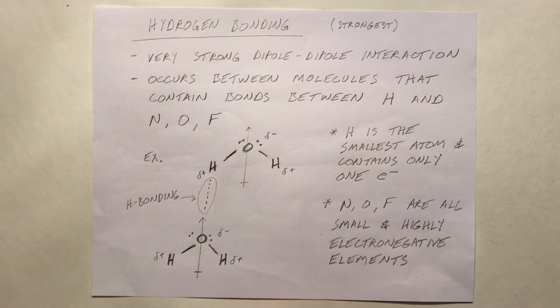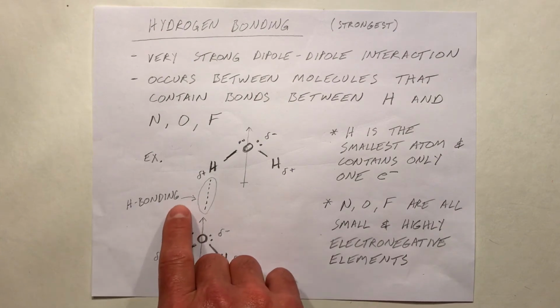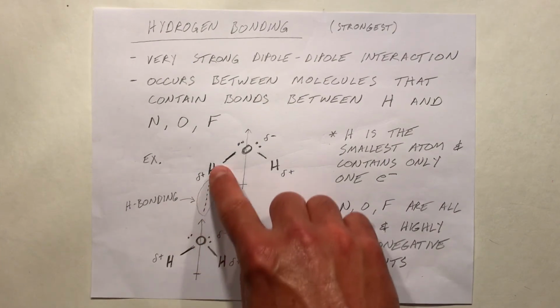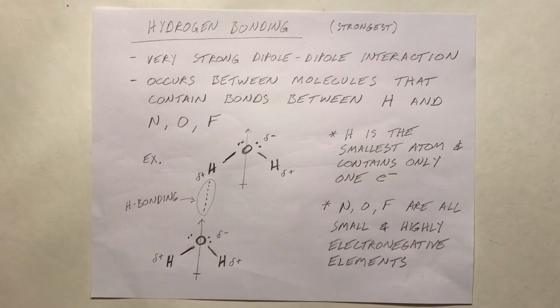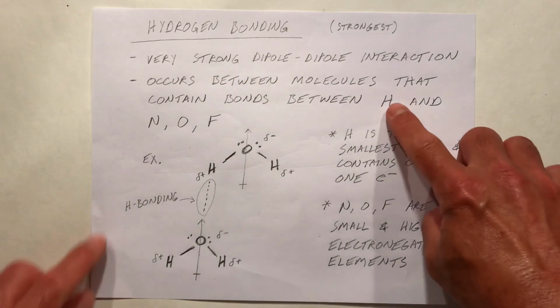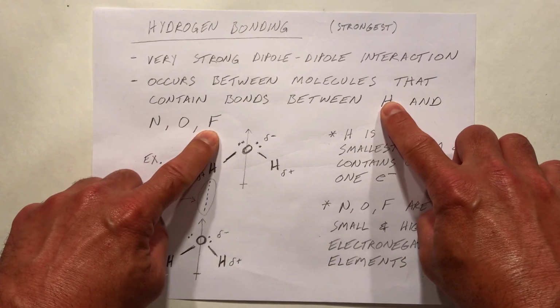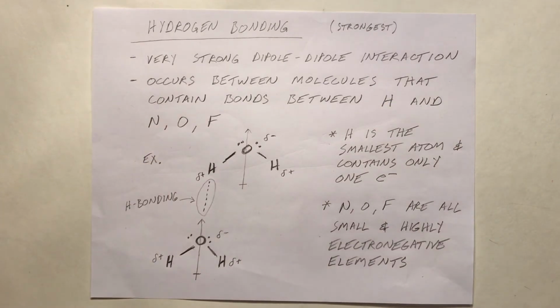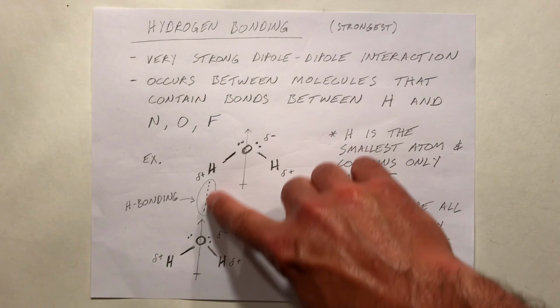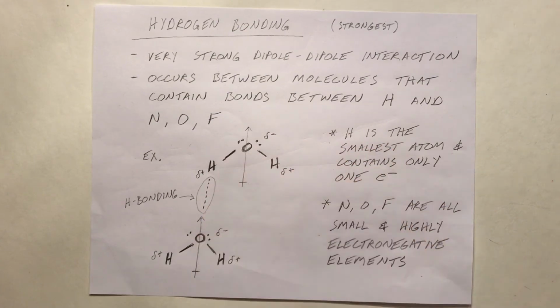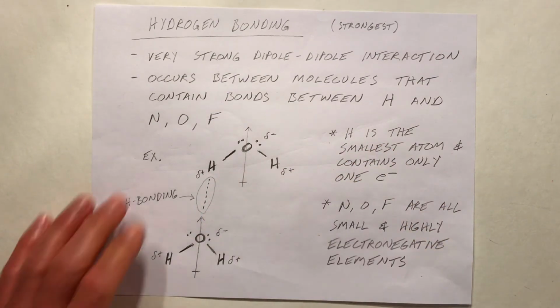So because of those characteristics, hydrogen bonding is a very strong intermolecular force. So you should keep your eyes out for HN bonds, HO bonds, and HF bonds. If you see those bonds within a molecule, there would be hydrogen bonding intermolecular force that exists between those types of molecules.